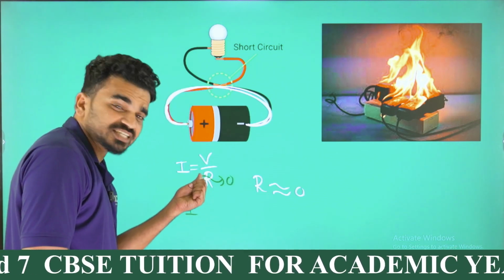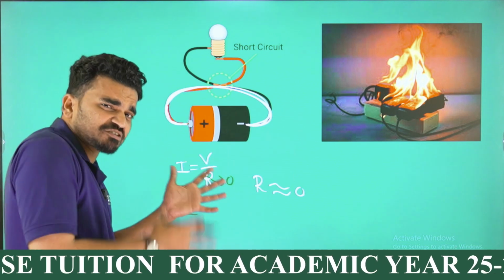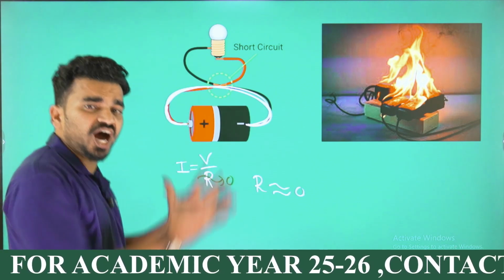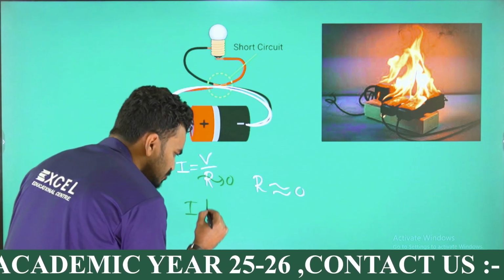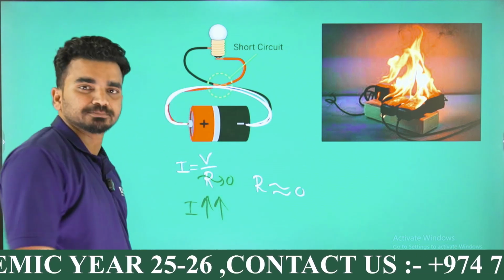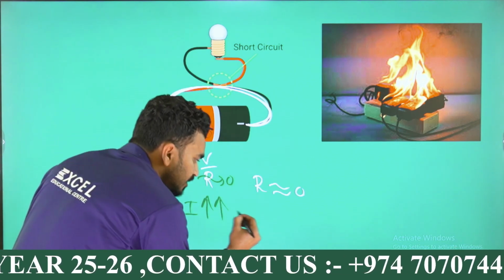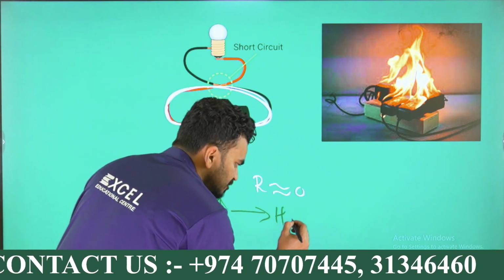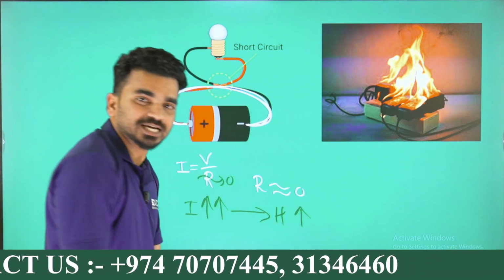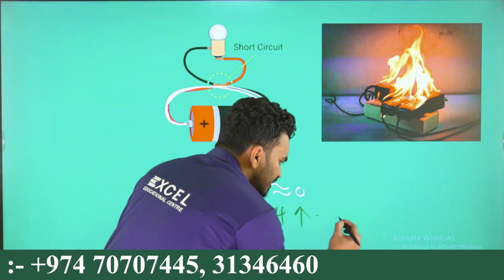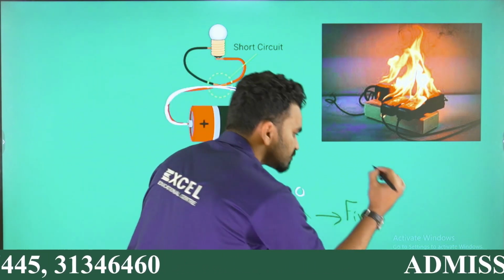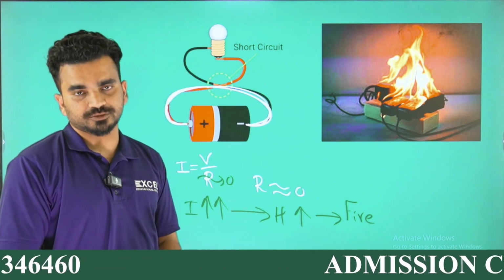When the denominator is extremely small, the current is extremely high. So a very large current will come, and large current makes more heat. Huge heat in turn creates fire. This is what we call short circuit.